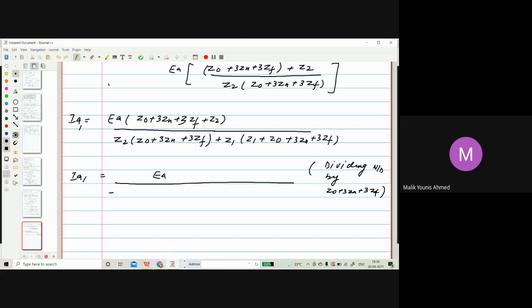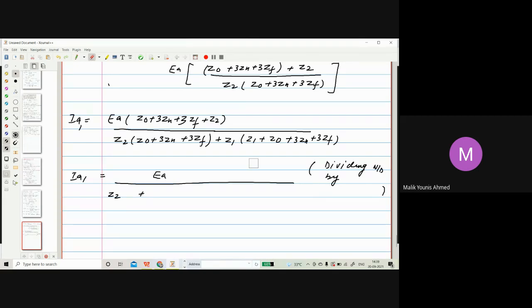So here it will become Z2 plus, here we have Z2. Okay, this term we have divided, Z1 we have divided by, just a second. Yeah, Z1. Okay, just a second.